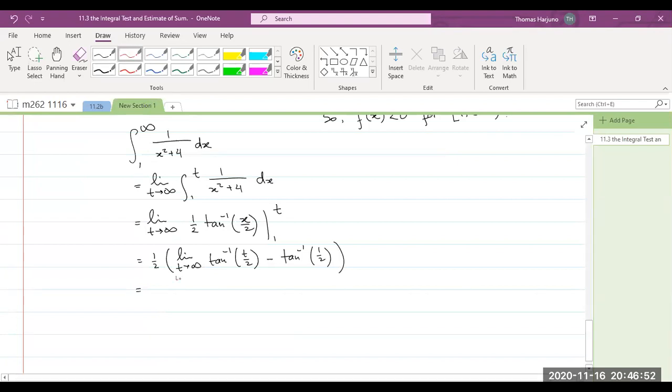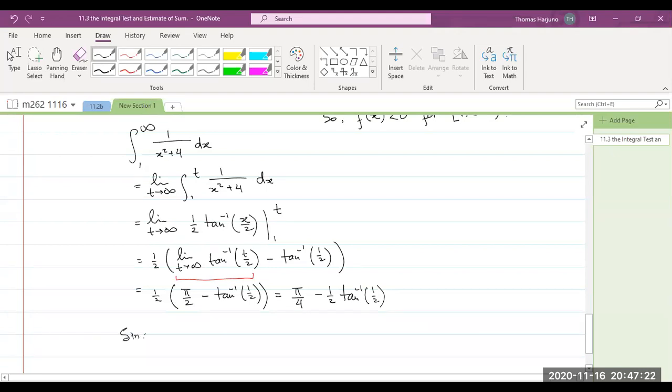What is this equal to? Pi over 2. So this is pi over 4 minus 1/2 tangent inverse of 1/2, right? That's convergent.